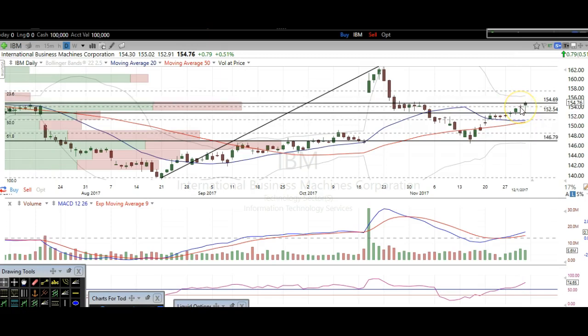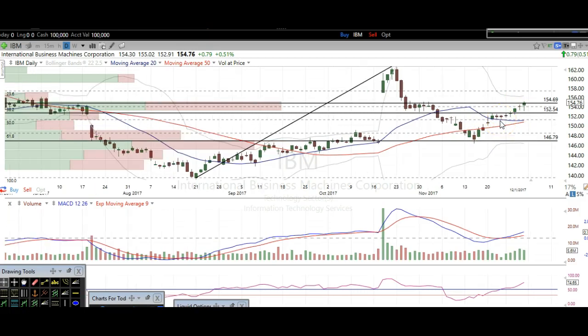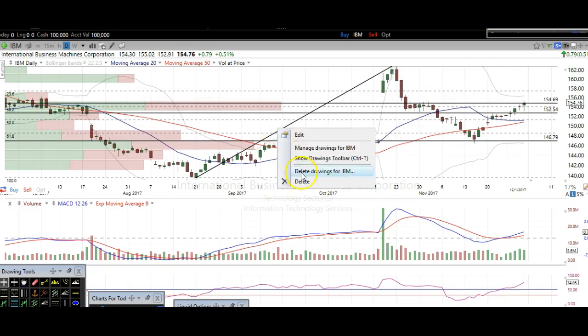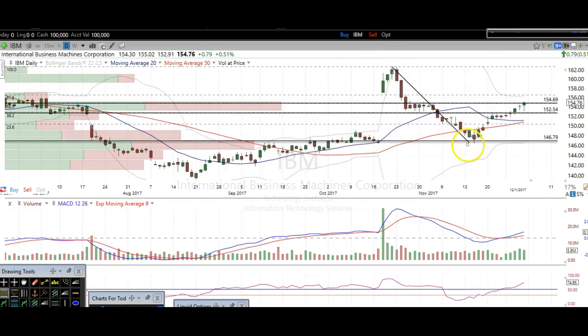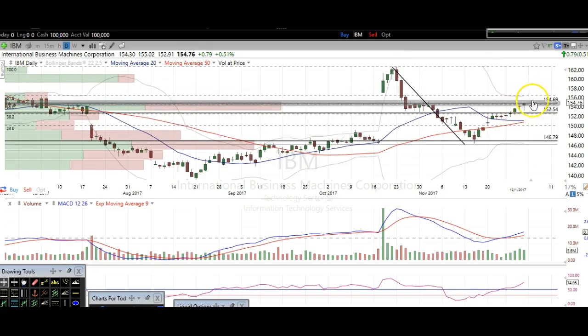Thursday of last week, near the highs of the day right there, is when we took profits. We took profits here because of the resistance from the upper end of these candles, as well as, I'll delete that Fibonacci retracement and draw another one from this high to this low, and you get the 50% and the 61.8% just above that.